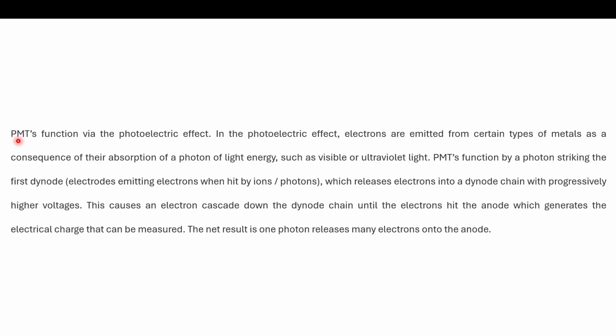So the PMT, the photomultiplier tube that we were talking about in the previous slide, functions by the photoelectric effect. What happens in the photoelectric effect?